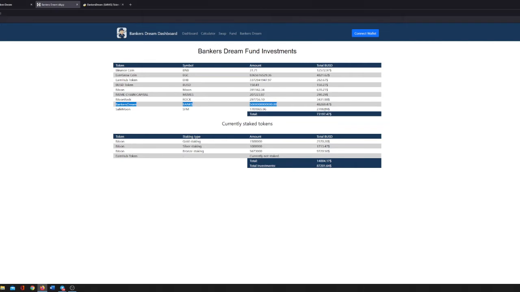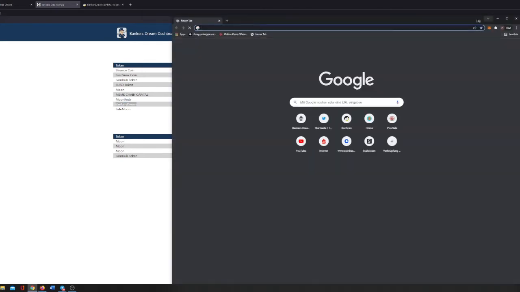The tokens you see here are a part of the team vesting, which we as a team waived and put into the fund, just to help the fund compound with the BUSD rewards. This could be interesting. Give me a second.